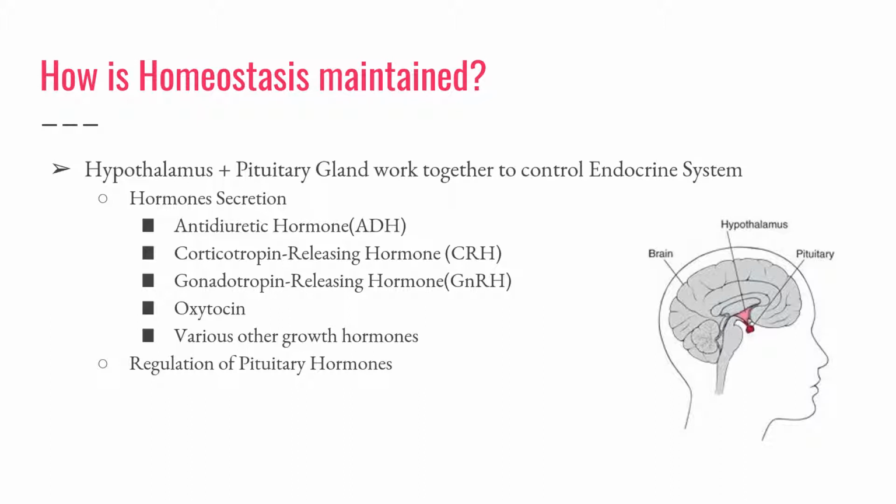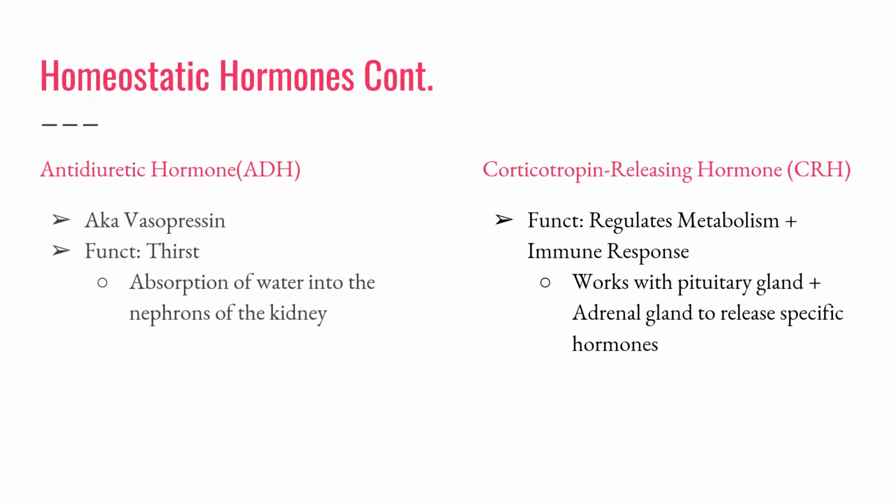How is it maintained? The hypothalamus and pituitary gland work together to control the endocrine system, and they interact by secreting a variety of hormones such as ADH, CRH, GnRH, oxytocin, and many more. ADH is a hormone that functions in your thirst and controls the absorption of water into the nephrons of the kidney.